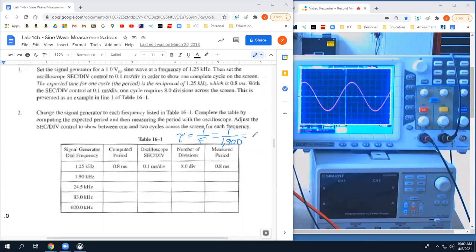I'm getting 0.000526. So how many milliseconds is that? 0.53, yep, 0.53 milliseconds.